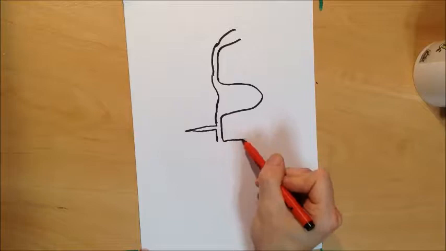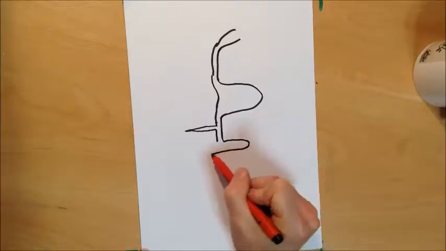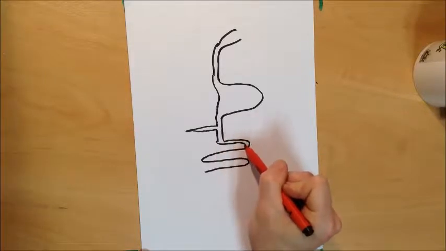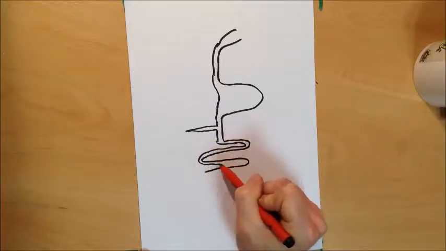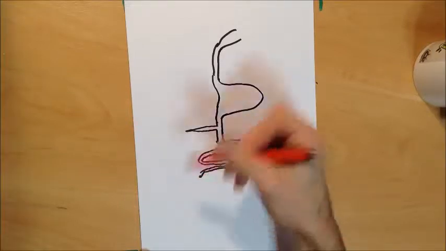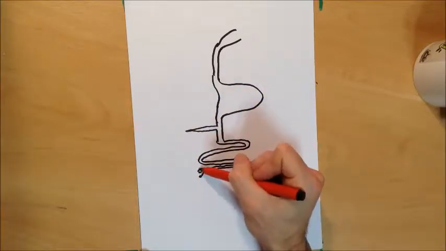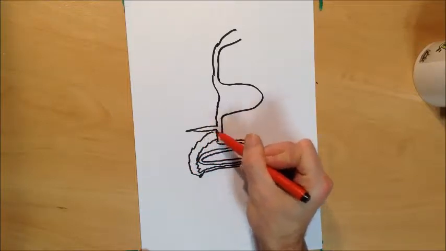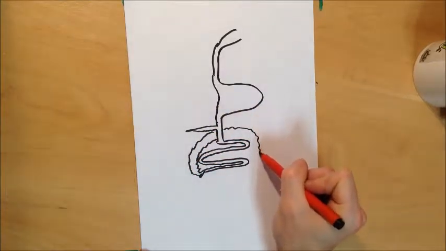and the small intestine is usually quite tricky to draw. So I've simplified it slightly. And then into the large intestine, which does a lap of the small intestine, if you like. That's the large intestine going around the outside there.